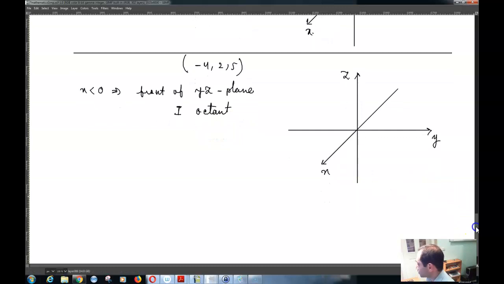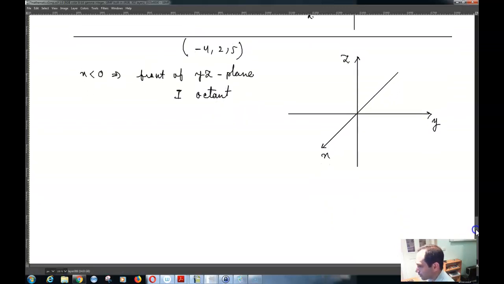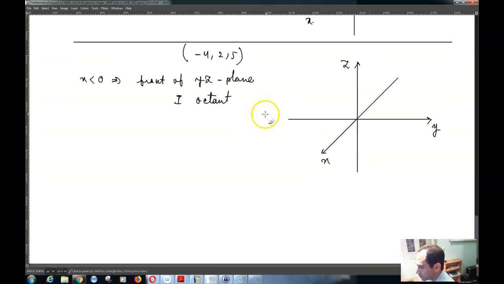And then the next point that we have is -4, 5, -3, -1, 6.